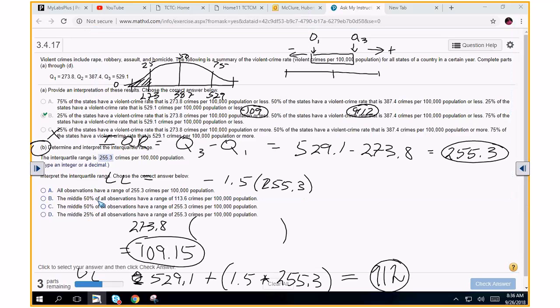All observations have a range of 255. The middle 50% of all observations have a range of 255.3. The interquartile range is the 75th minus the 25th. I would think C.